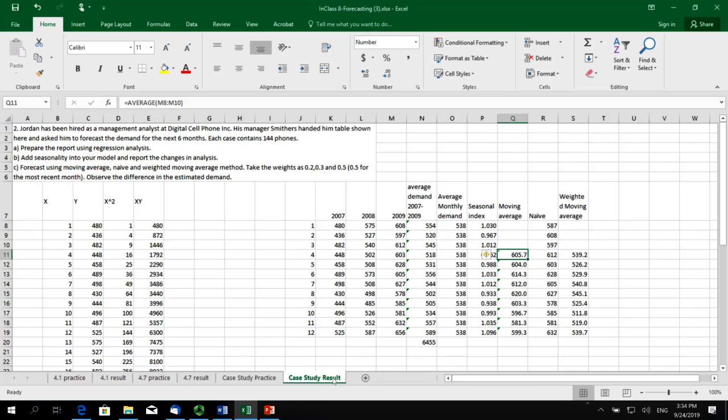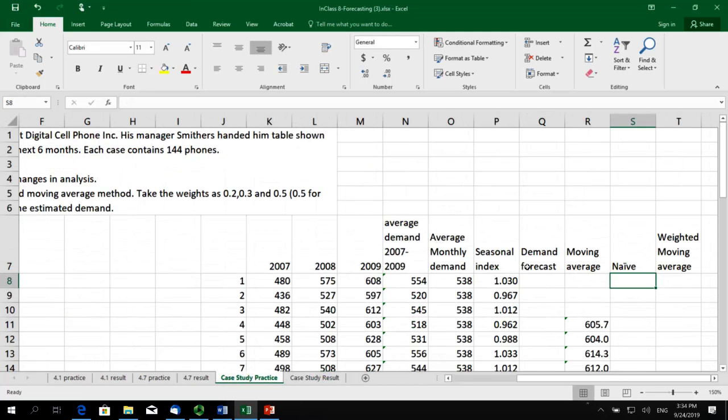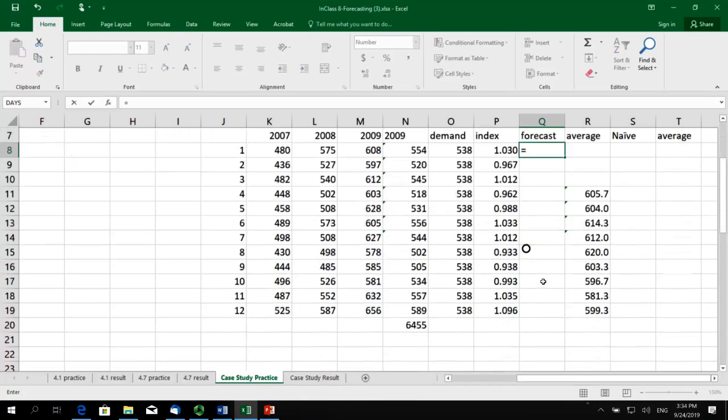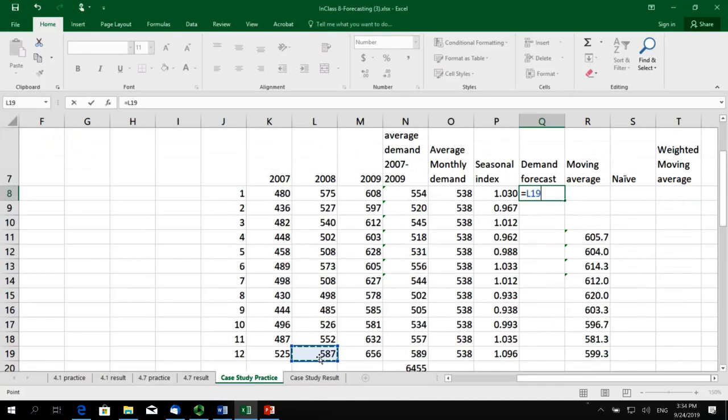Just assume your prediction of next month will be exactly the same number as the previous month. For example, if you want to predict in January, you want to use the last December. So this one will be December, and the next one should be January.